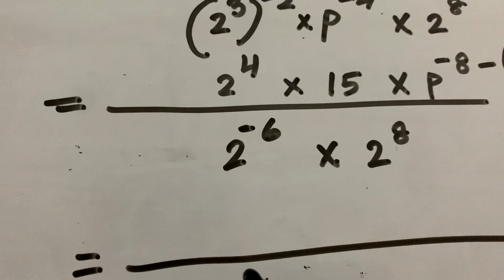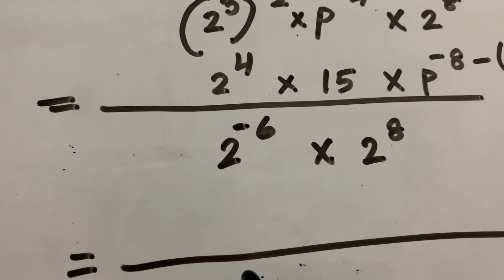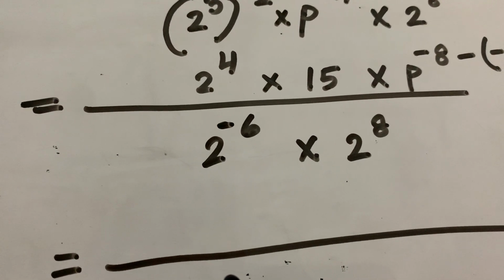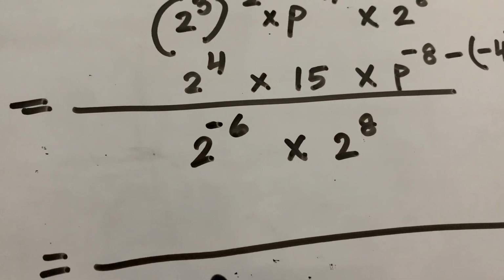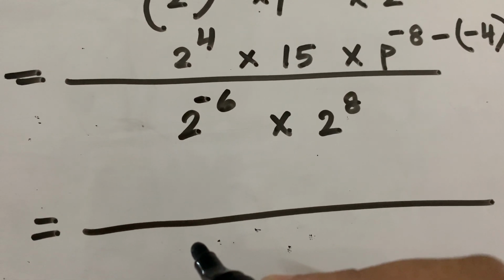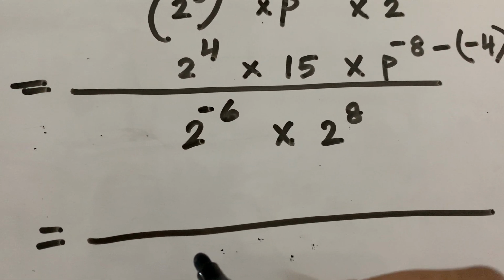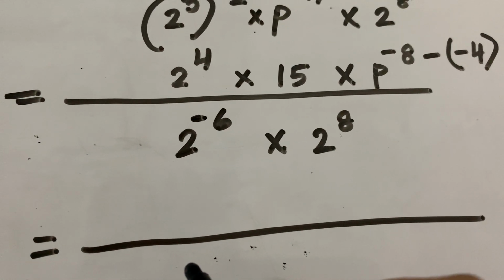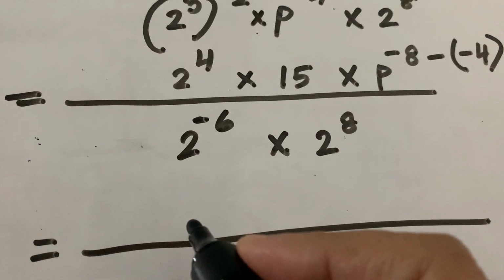So 2 to the power 4 is there in the numerator, and in the denominator we have 2 to the power minus 6 into 2 to the power 8. Same here, when we divide we just subtract the powers. Same formula, a to the power m by a to the power n equal a to the power m minus n.